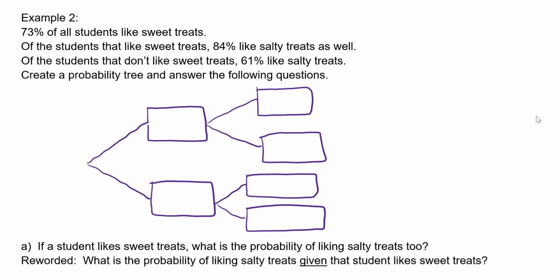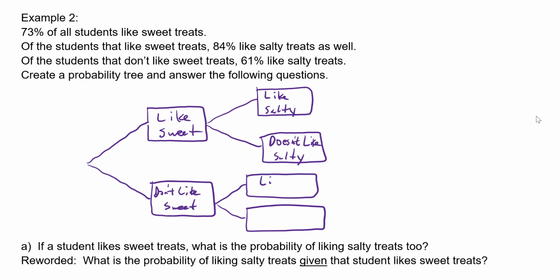Okay, so we're going to say this is like sweet, and this is don't like sweet treats. Okay? And then this is like salty, and this is doesn't like salty.